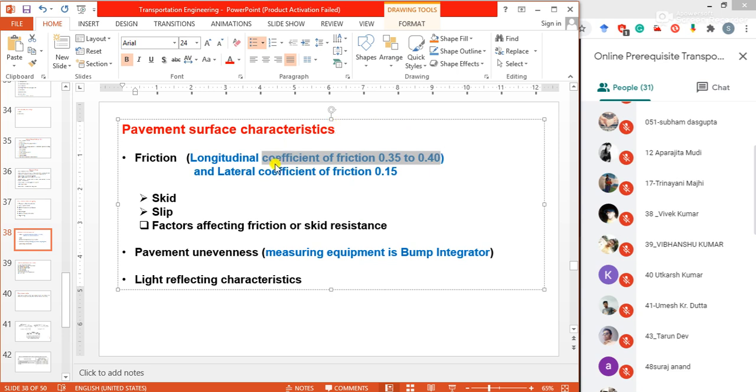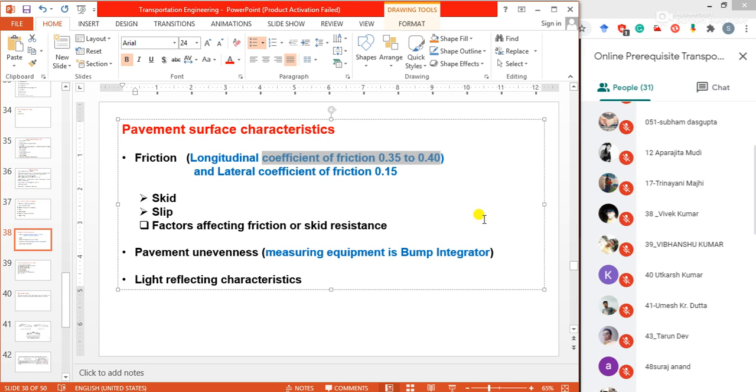We have lots of things for consideration, but in geometric design, when solving any numerical question, this is the first parameter, the coefficient of friction, which we should maintain during our calculation.